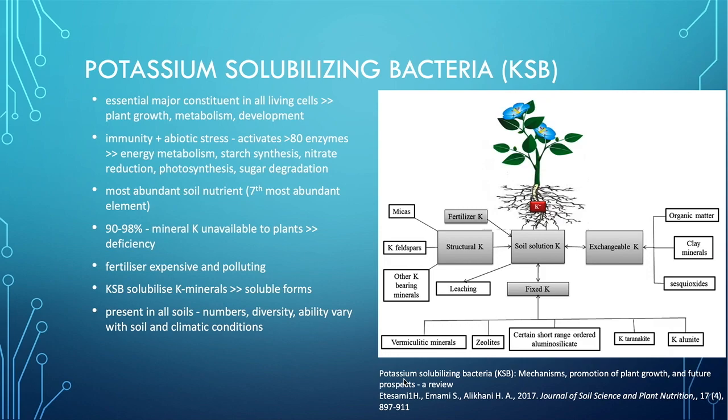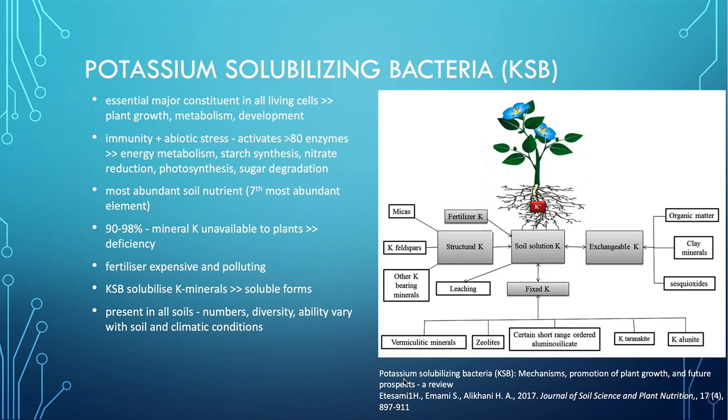Potassium is absolutely necessary. This is the concept of adding the NPK to the soil. And of course, none of this needs to happen if we have the potassium solubilizing bacteria. It is the most abundant soil nutrient and in fact the 7th most abundant element on Earth.